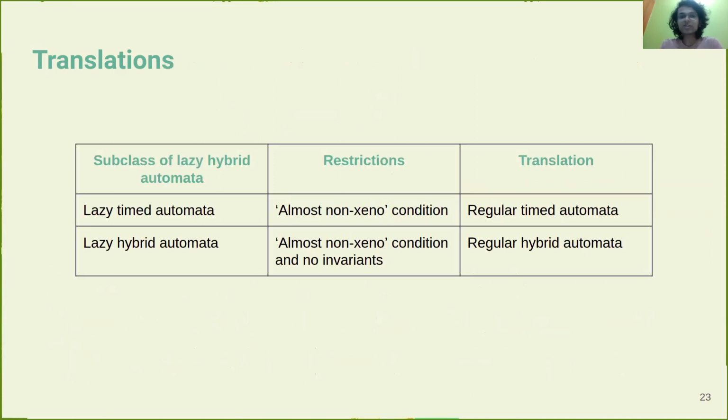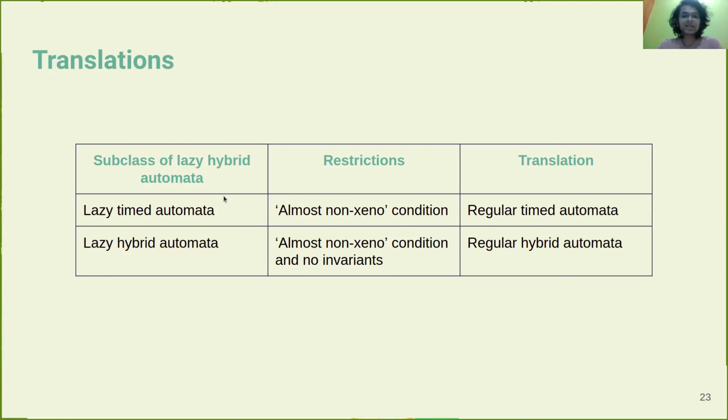So now, just to summarize the results of the translations that we have, we saw that we can translate lazy timed automata into regular timed automata, provided we have the almost non-zero condition as an upper bound on the number of transitions. And we can translate lazy hybrid automata into regular hybrid automata when we have the almost non-zero conditions, and also we remove the invariants.